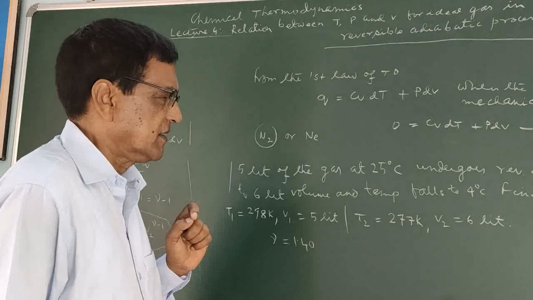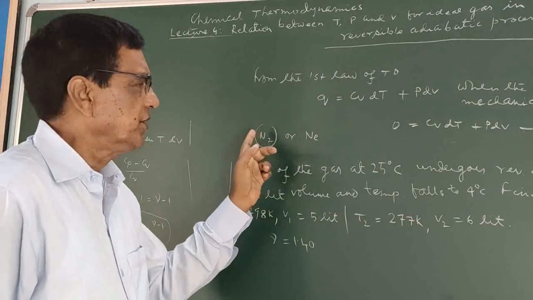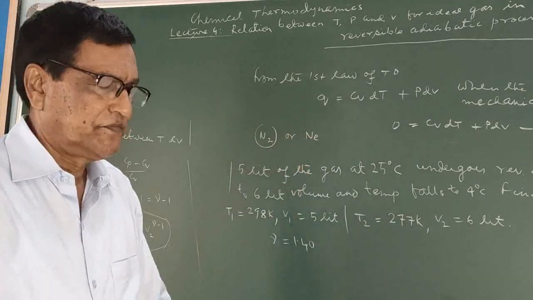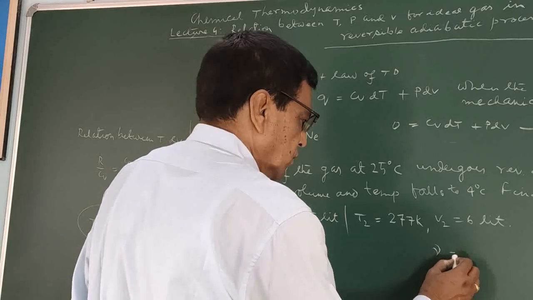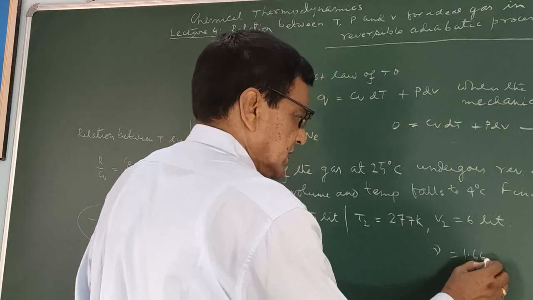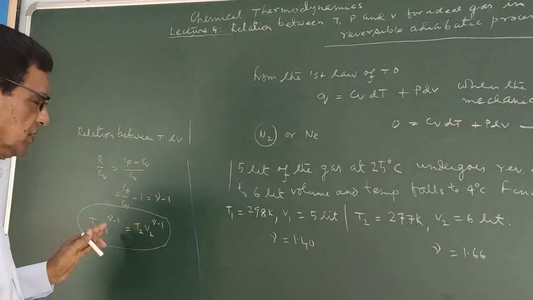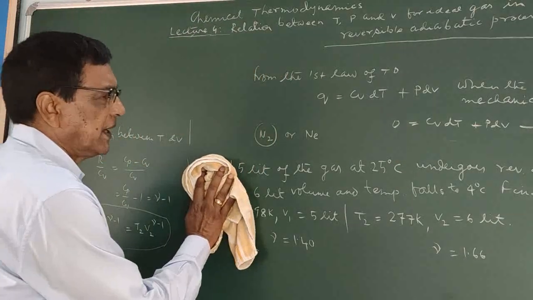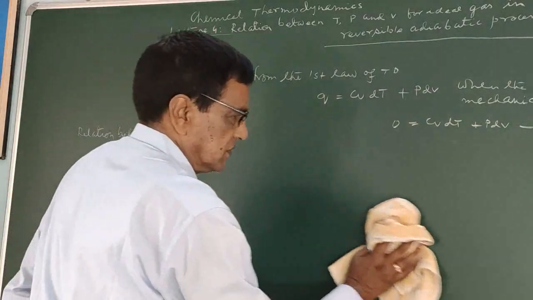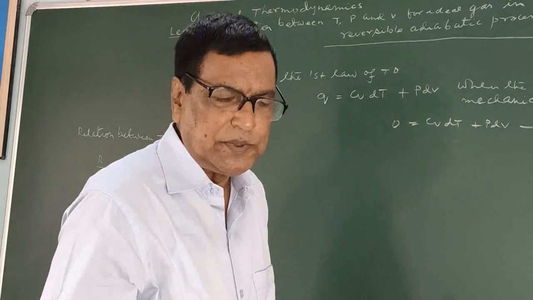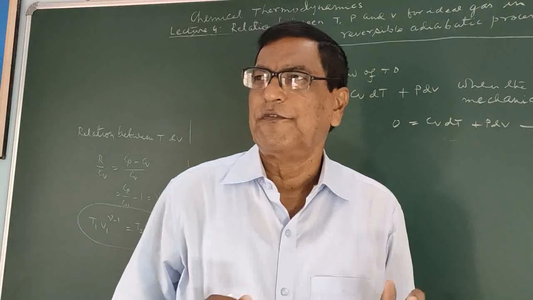This shows that the gas actually is nitrogen and not neon. For if it were neon, then gamma would be equal to 1.66. So this is a simple experiment. By the use of this relation, we could identify this gas as nitrogen, which is a diatomic gas, and for a diatomic gas the value of gamma is 1.40.